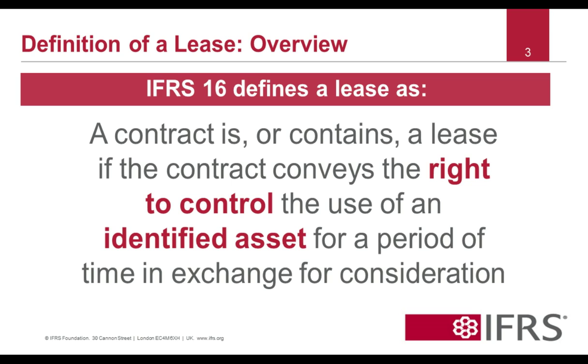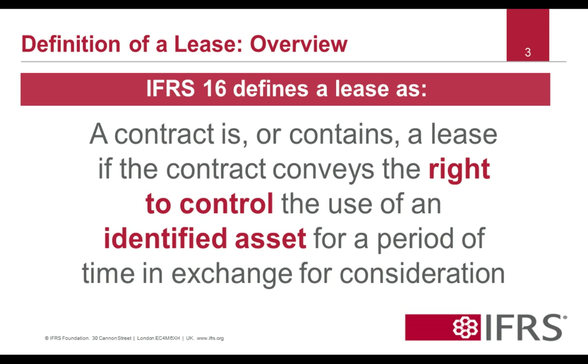In light of that difference, the 2 key pieces of the definition of a lease in IFRS 16 are those you can see highlighted on the screen. The contract must depend on the use of an identified asset, but not only that, the contract must also convey to the customer the right to control the use of that asset. And to be clear, it is the case that both of these things must apply.